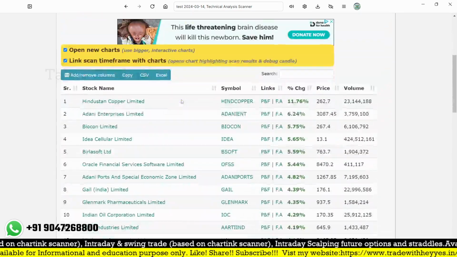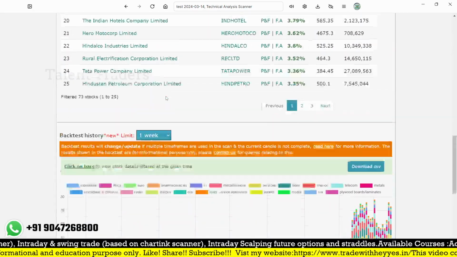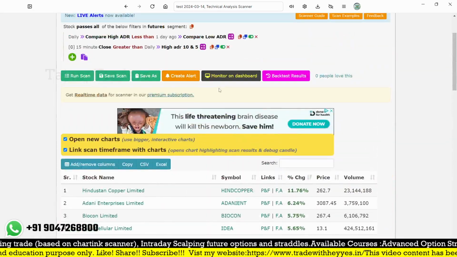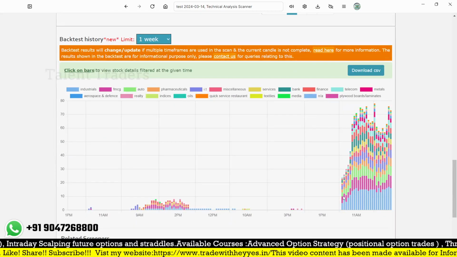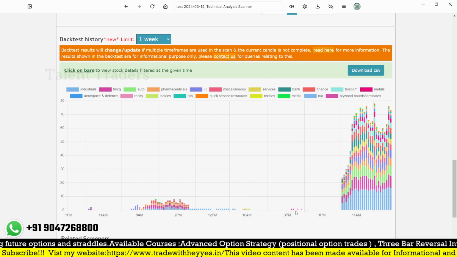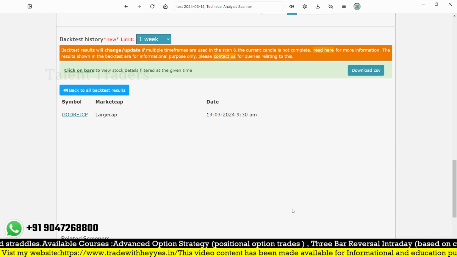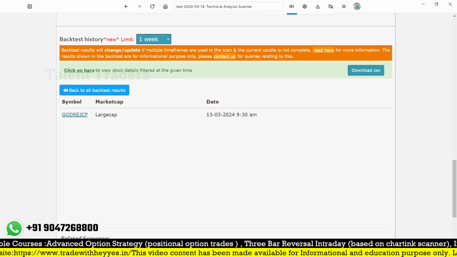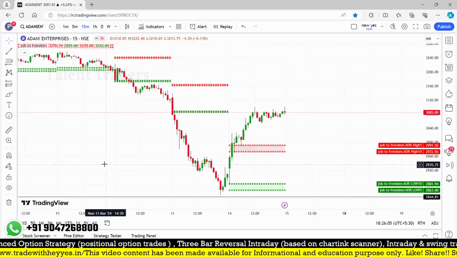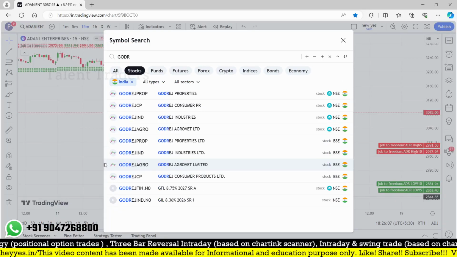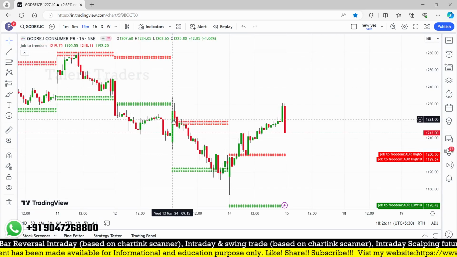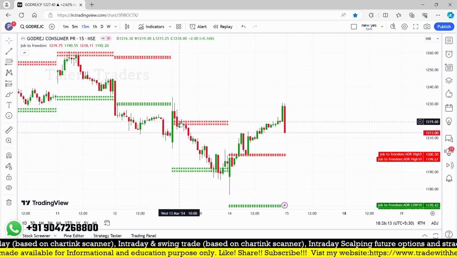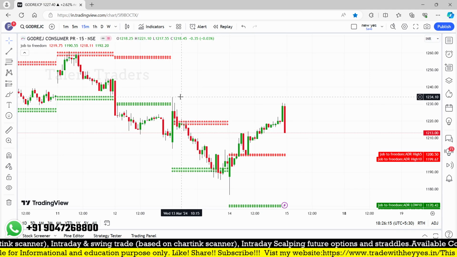Let me check. 73 stocks today. Maybe we can check yesterday. Here we are taking the 15 minutes time frame, right? So yesterday around 9:30, 13th March, Godrej CP, Godrej Consumer Products. Yeah, perfect. So here it is happening: the close happens on the candle, but we are looking for the high above that particular level.